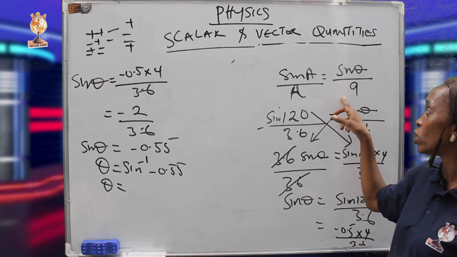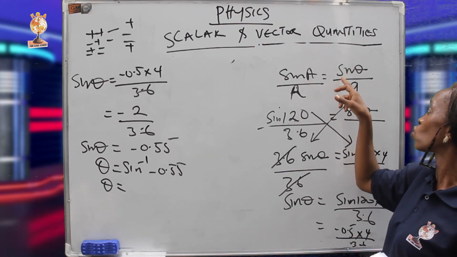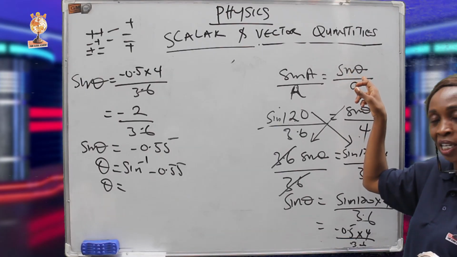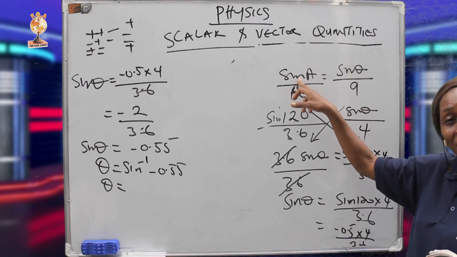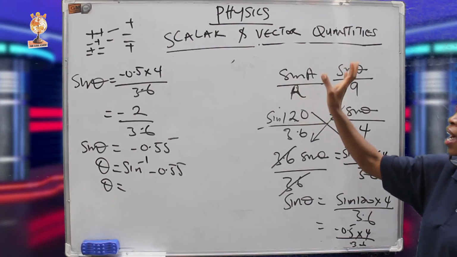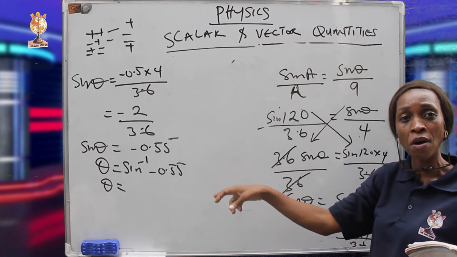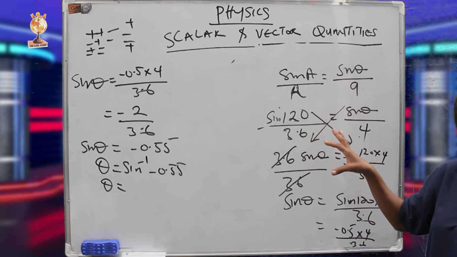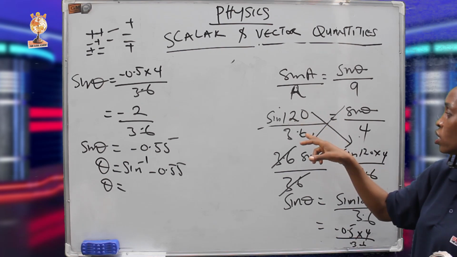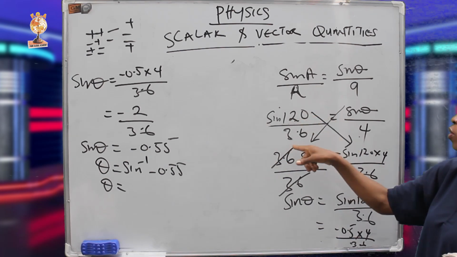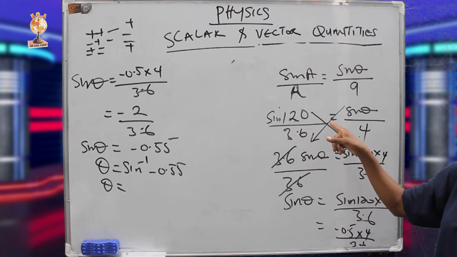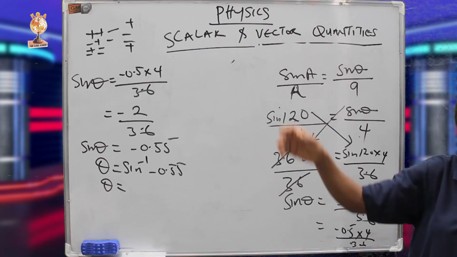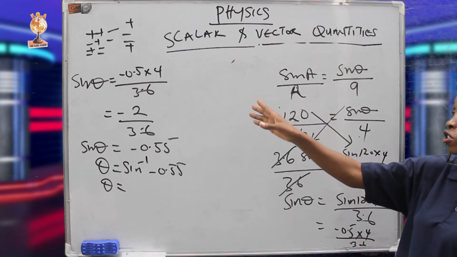The sine rule is sine A all over R equals sine theta all over A. I am looking for theta, the angle sustained, and I'm given sine A, which is 120 degrees. My resultant is what I got after the cosine rule, R. If you input it into this equation, sine A, which is 120, over R, which is 3.6, equals sine theta, what we are looking for, over A, and A is 4, the force facing the angle.